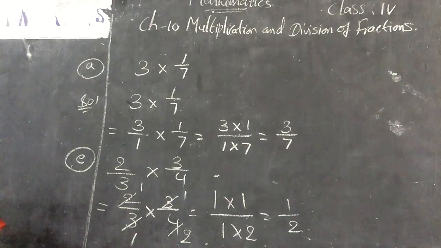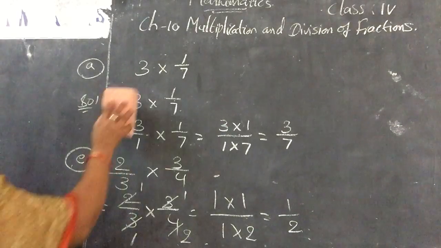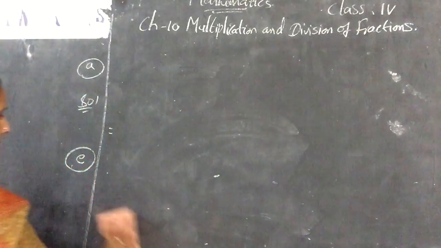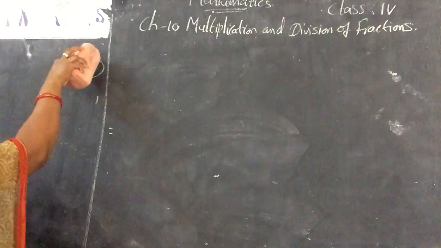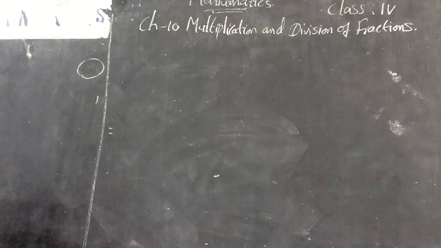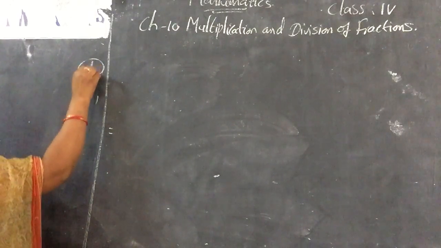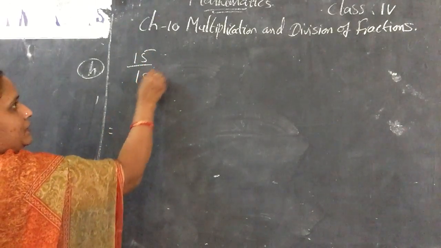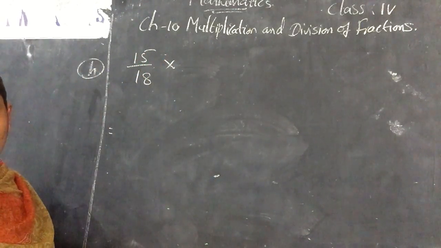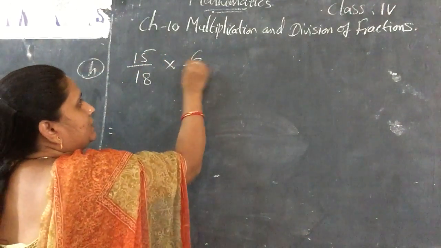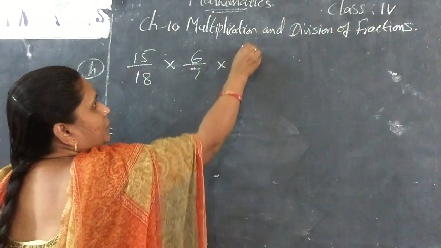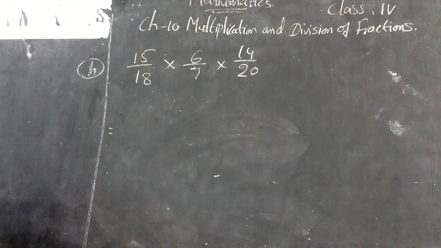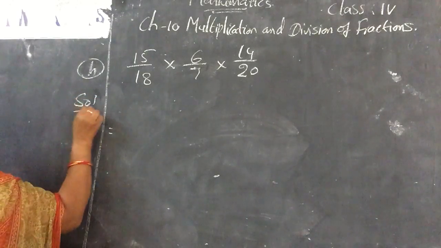Okay, next. Now sum number H. The sum is 15 by 18 into 6 by 7 into 14 by 20. Now do the solution.